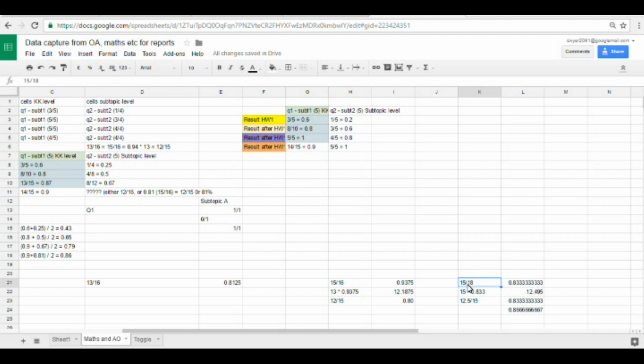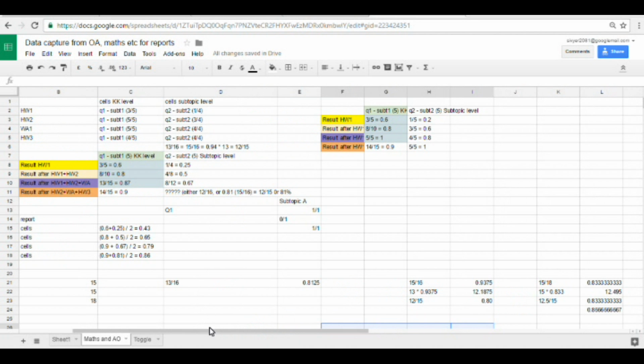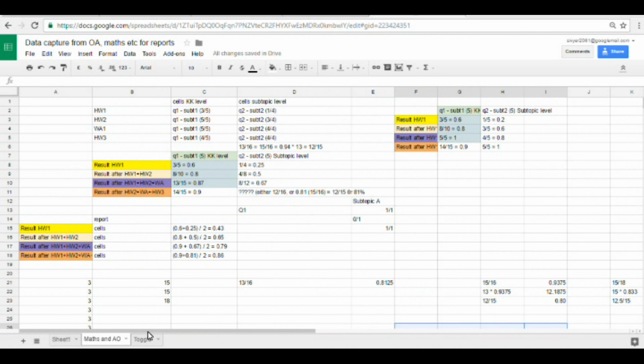So the score 15 out of 18 has the equivalent of 12.5 out of 15, and the percentages are worth the same amount. That's one idea. I'm not saying it has to happen like that, but the idea is that the data is comparable where there's such a big range in the potential number of marks available. I hope that's helped. It's quite complicated.